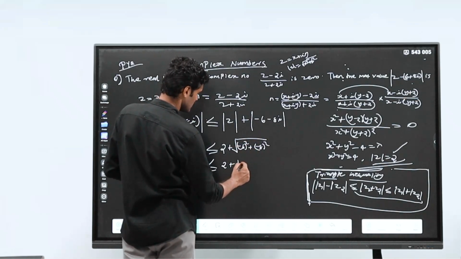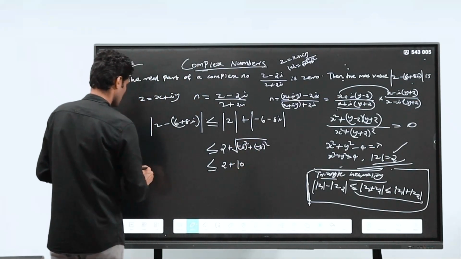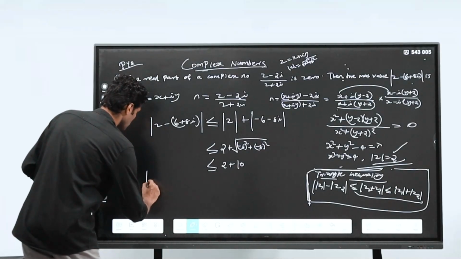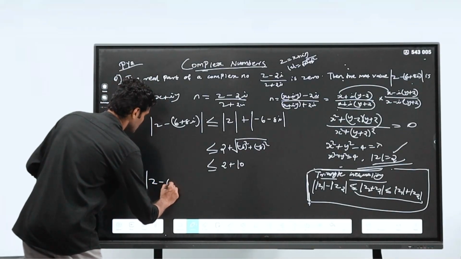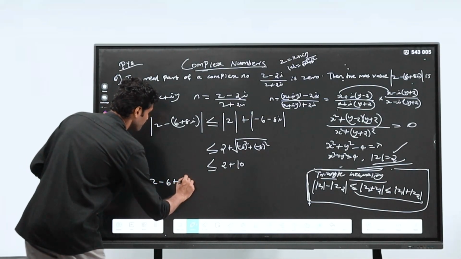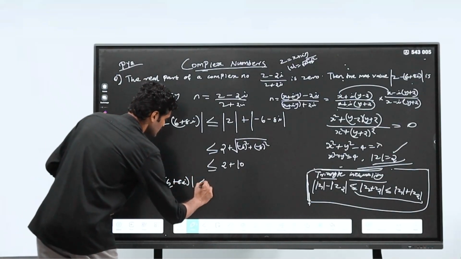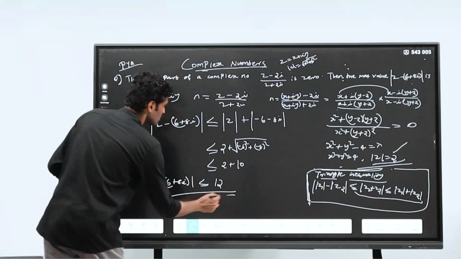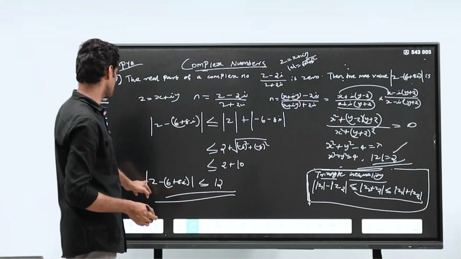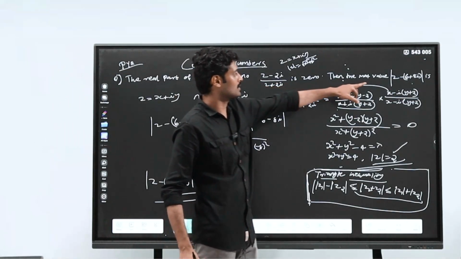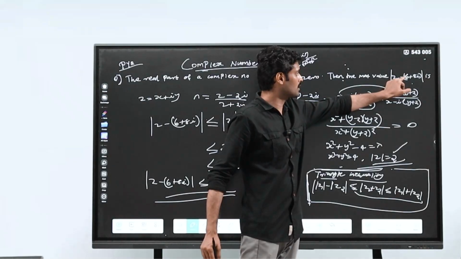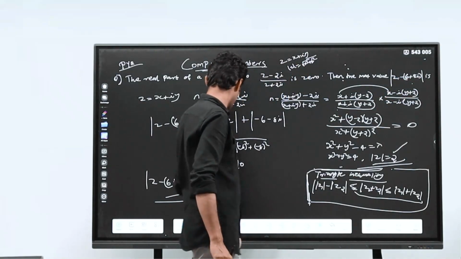Root 100 means it is 10. So we can write |z − 6 + 8i| is less than or equal to 12. So the maximum value of |z − 6 + 8i| is 12.